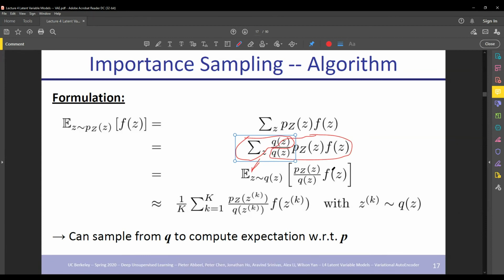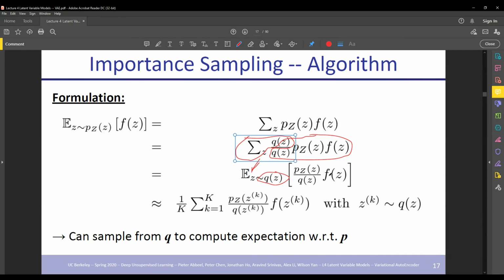Through this importance sampling technique, and you can go into the mathematical details, there are lots of videos that cover it, but the bottom line is we have translated this equation to this one, where z is now sampled from distribution Qz, and the quantity inside becomes Pz of z divided by Qz, times f of z.